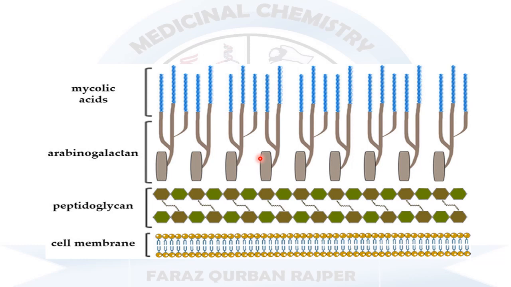And after that there are again the lipid, or what we say fat molecules, that are the mycolic acid. So you may observe that the outer wall, that is the cell wall, is basically composed of different types of layers of macromolecules: the peptidoglycan, arabinogalactan, and the mycolic acids.